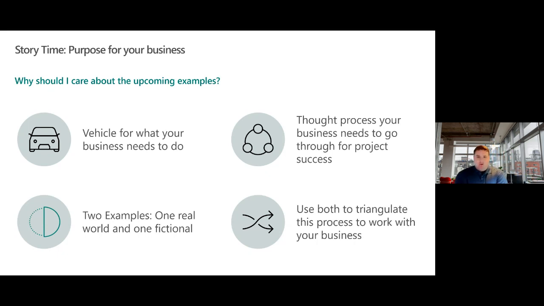And then two examples, one real world and one fictional. So we have a simplified version of Microsoft's plan. I mentioned 2030, we want to be carbon negative. So we boil that down. There are massive initiatives, and we could talk for hours and hours and days probably on what we're tracking and what we're trying to accomplish from a sustainability point of view.